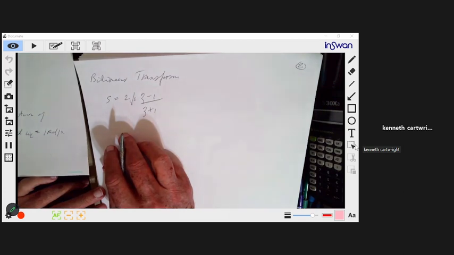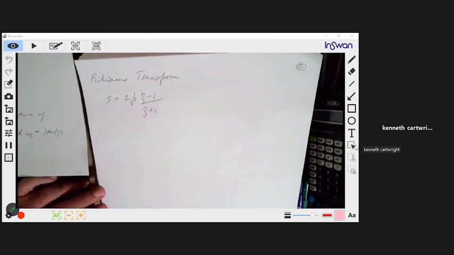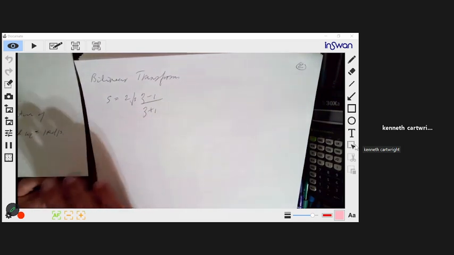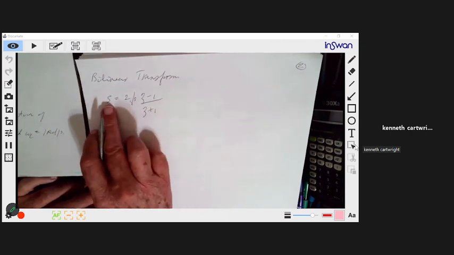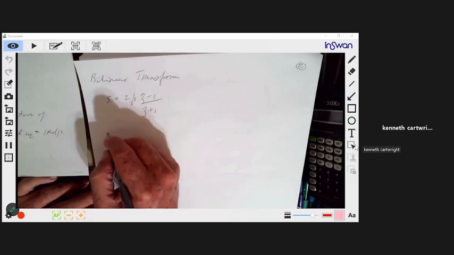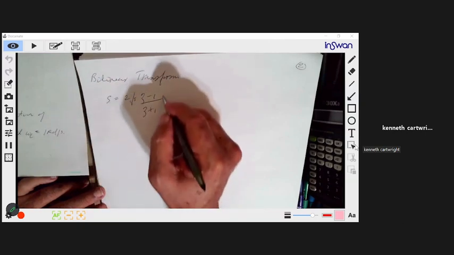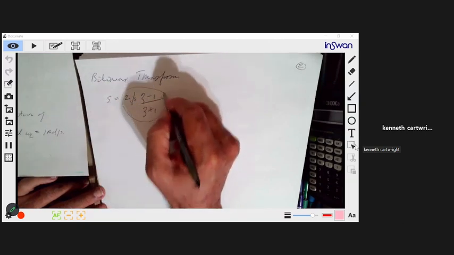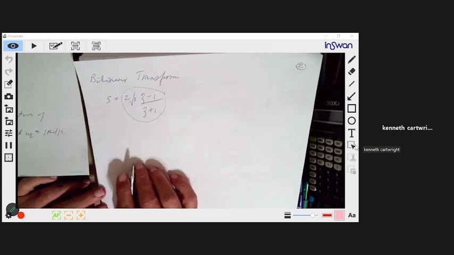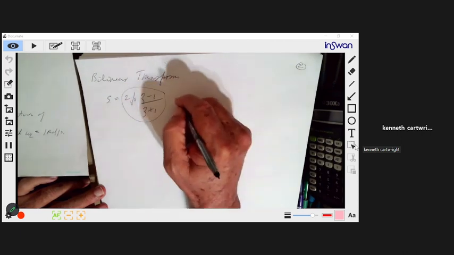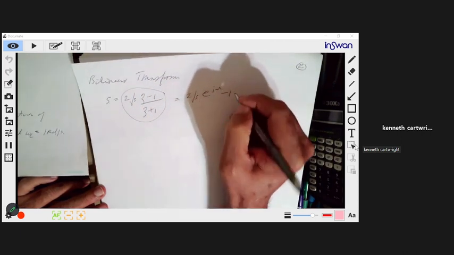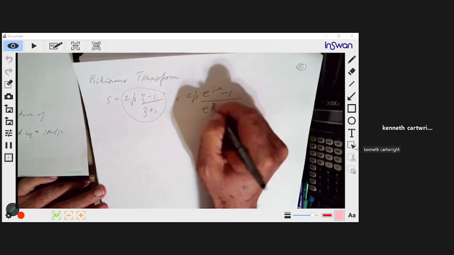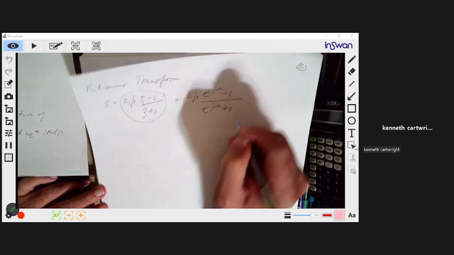All right. So this is the relationship between analog frequency, that's j omega, this is j omega over here, and this is actually a function of digital frequency. I'll show you that now. So this is 2fs, z is e to the j omega minus 1 over e to the j omega plus 1.